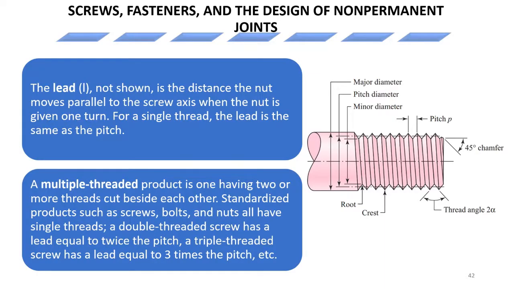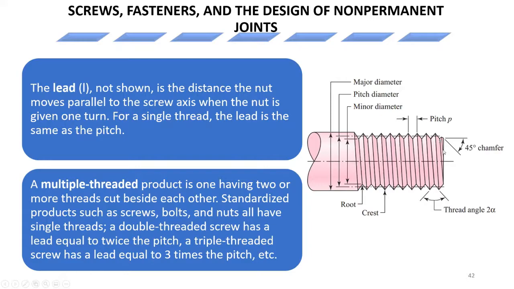Then we also have what we call the lead. The lead, which is not shown, is the distance the nut moves parallel to the screw axis when the nut is given one complete revolution. So if we have the nut on this screw, as we turn the nut in one complete revolution, the distance it will translate on this thread is what we call the lead of the thread. For a single thread, the lead is the same as the pitch.